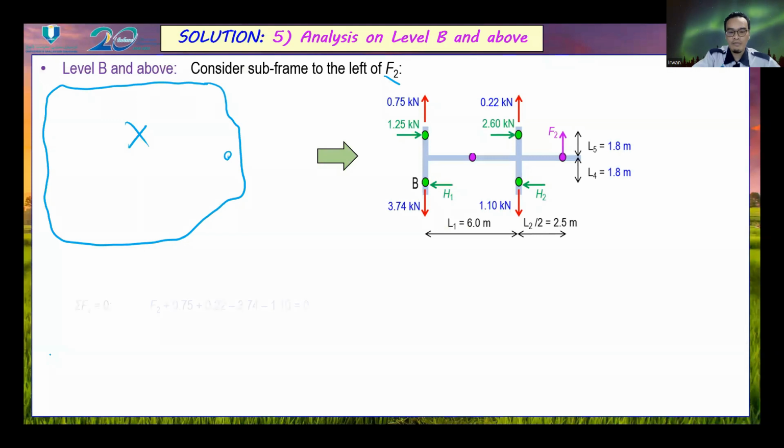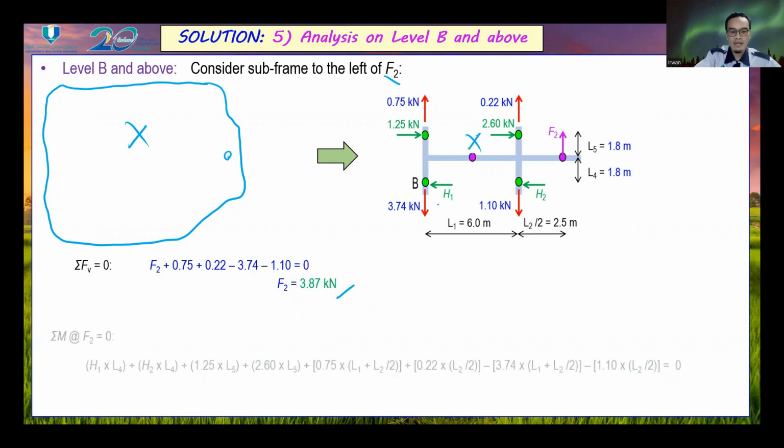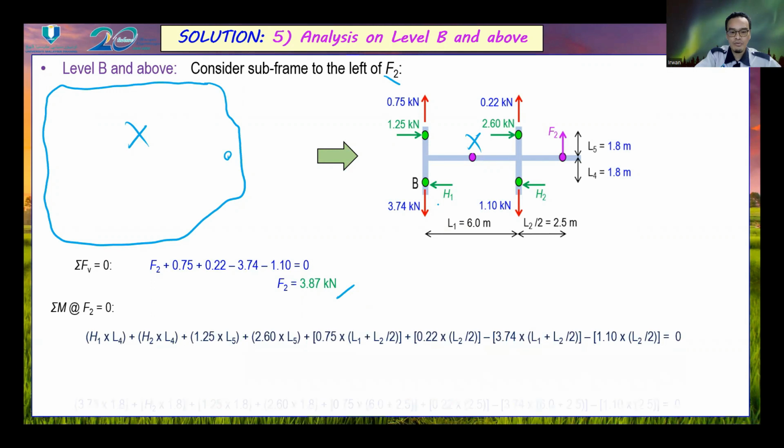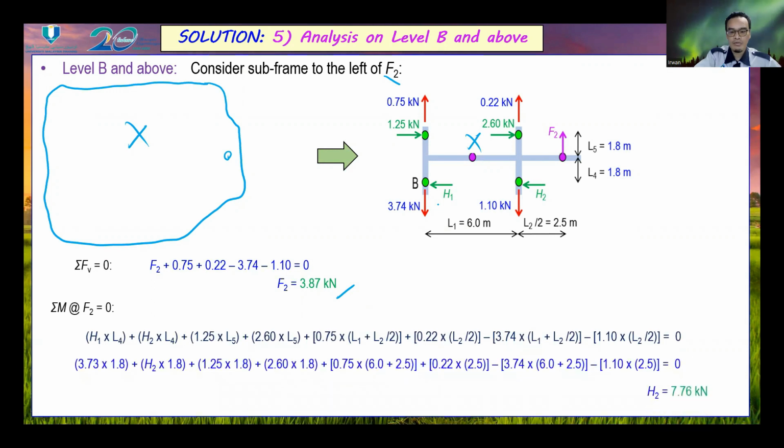The value of F2 is equal to 3.87 kilonewton. We neglect F1 here. And the value of H2 is equal to 7.76 kilonewton. The value of H1 here is 3.73, which is from the previous calculation.